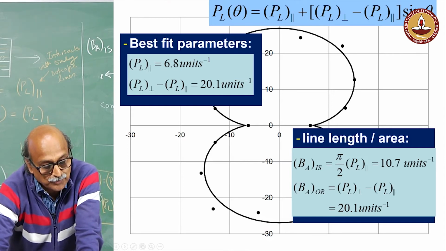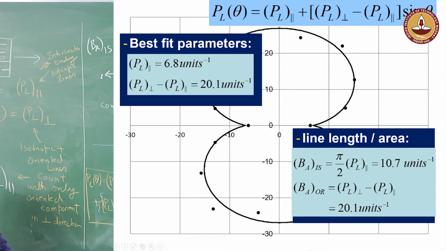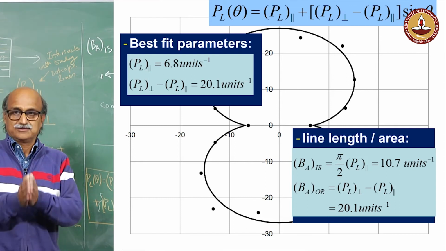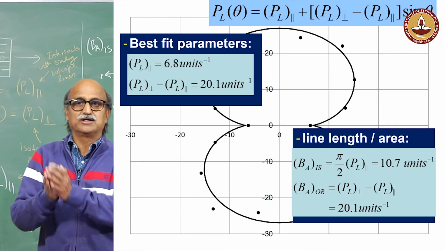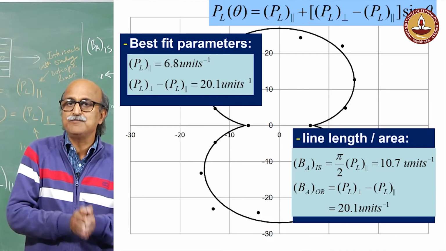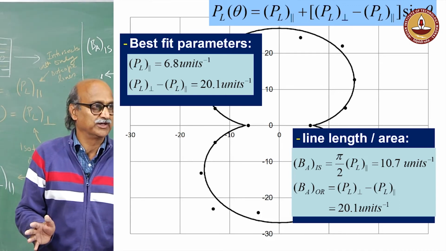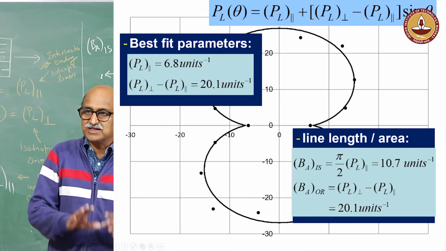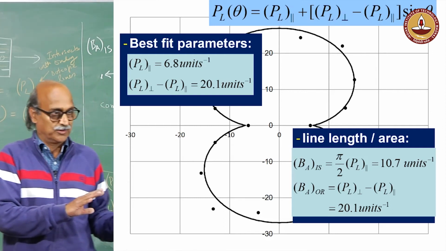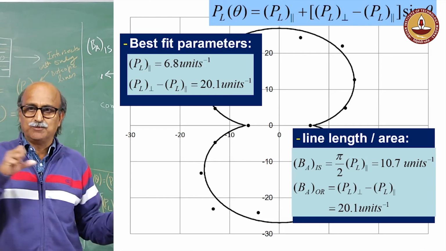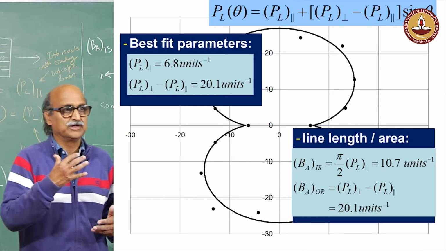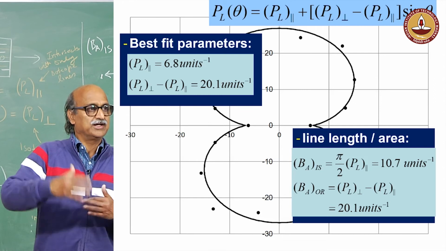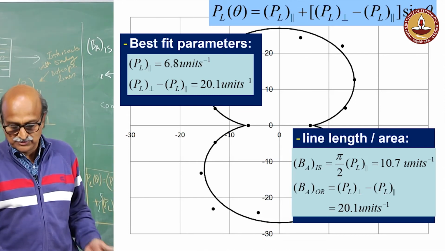For the oriented component, the same relationship still holds, that number of intersections per unit length with the oriented component is the same as the boundary length per unit area, and that is 20.1 per unit, exactly the same result as we had got before. So, we have been successfully able to extract the oriented and the isotropic components separately.